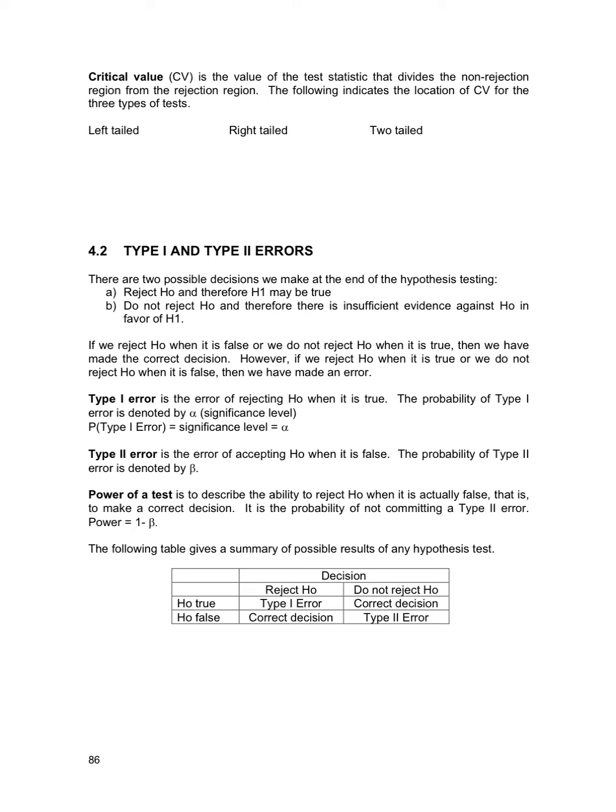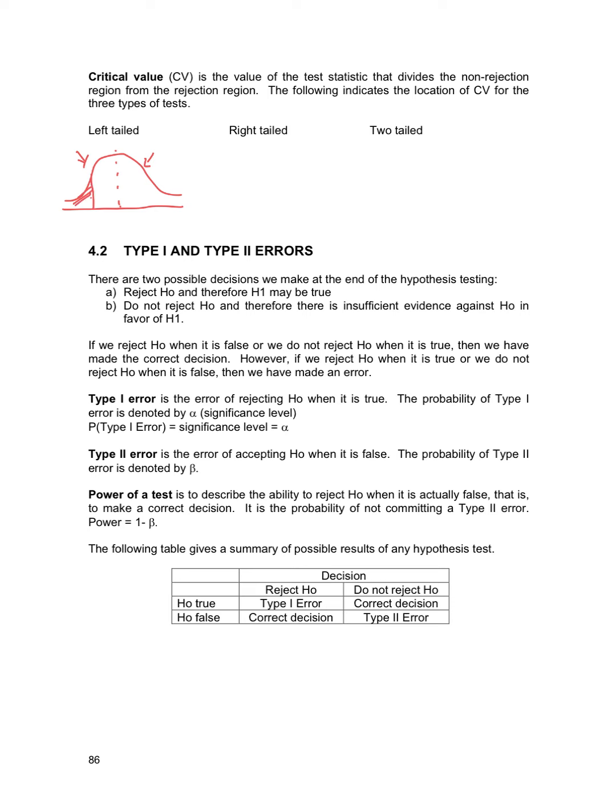Left tail means, for example, if we draw the region for a t-test or z-test, the bell-shaped curve, this one is the left tail. So for left tail we look at the left side. Let's say this one.